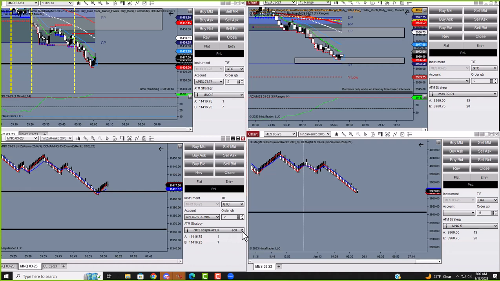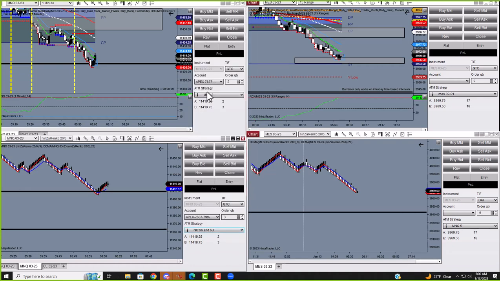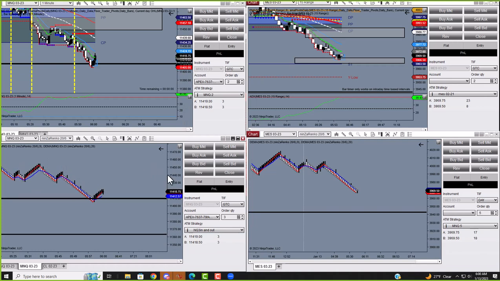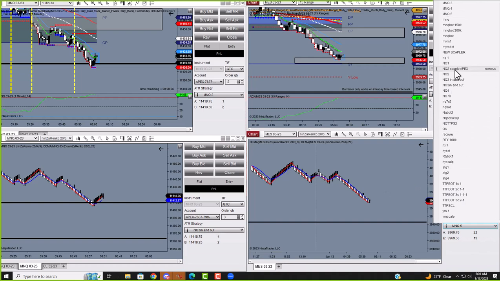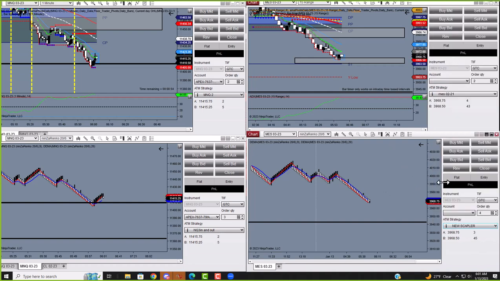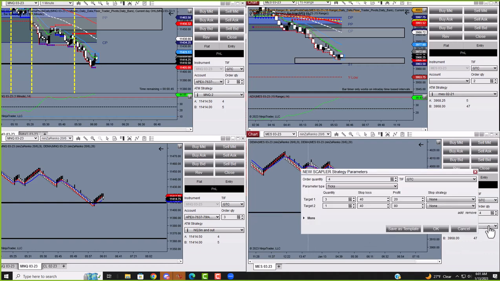I have an in and out trade. Where's it at? In and out right there. What's the in and out? The in and out ATM. This one I'm not using. Sorry, that's too big.